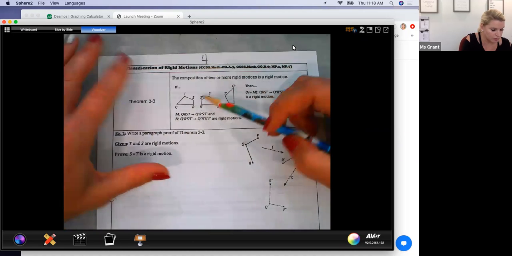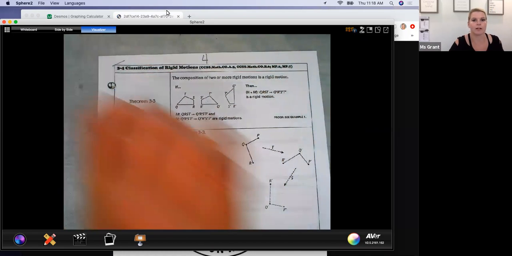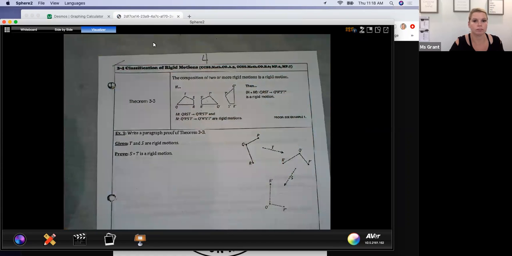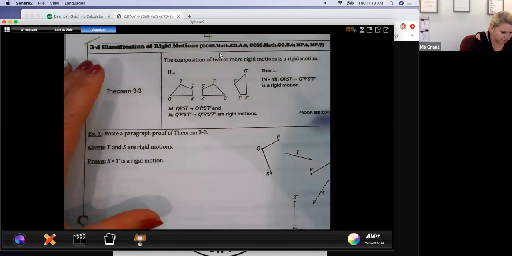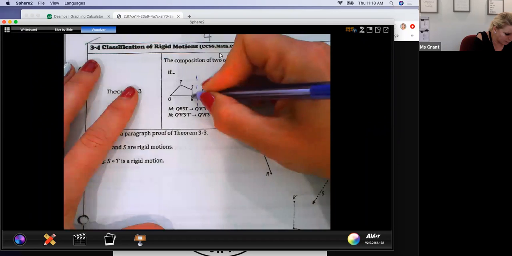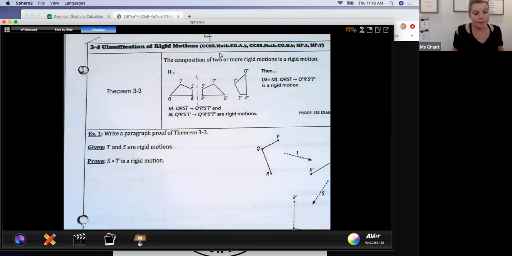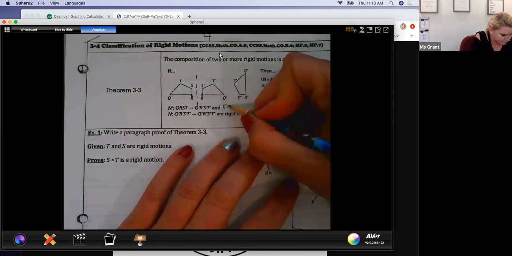From original pre-image to image prime. Anybody volunteer? That's reflect, right? I reflected. So I can even draw my line of reflection evenly spaced between point R and R prime. So you basically count how many spaces between R and R prime, and your line of reflection goes directly in the middle. So I reflected first.